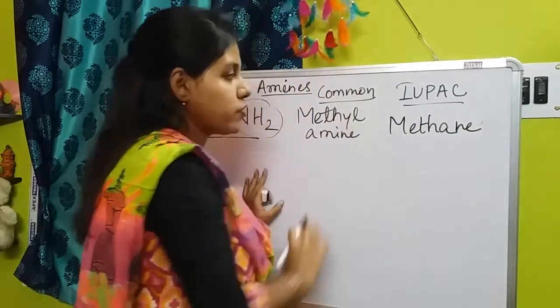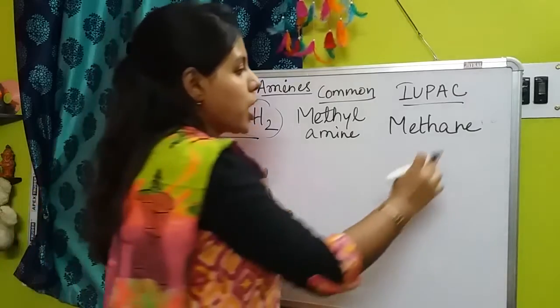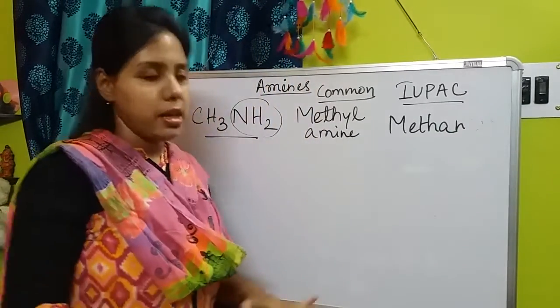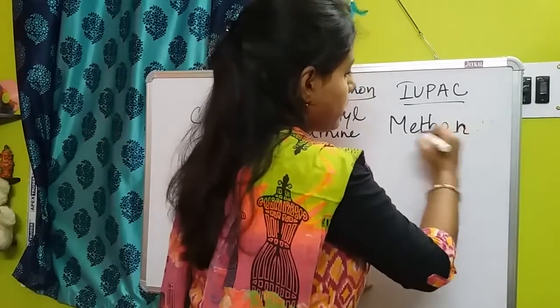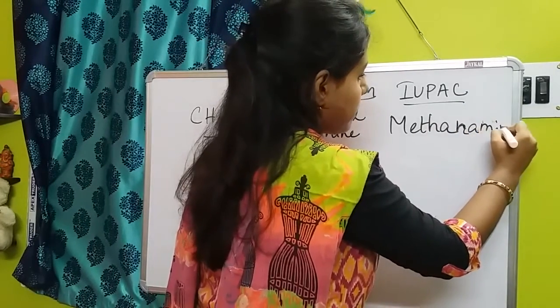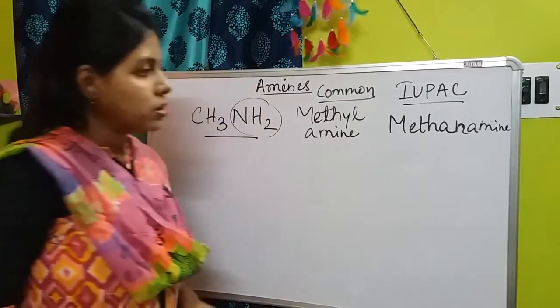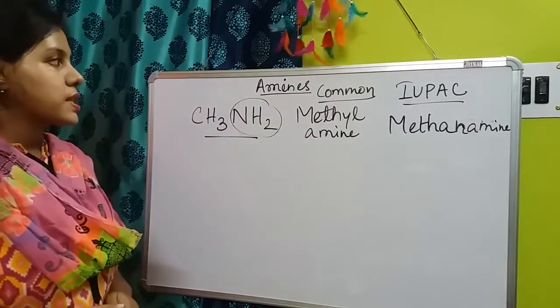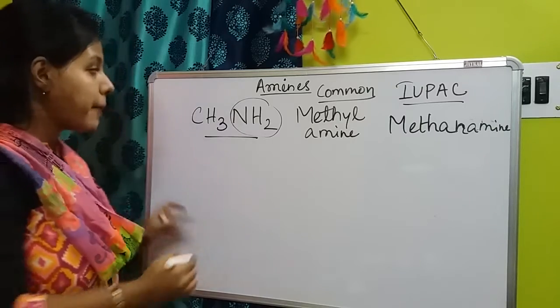Methane was the name of the starting compound. So methane plus amine will be methanamine. This is the example of aliphatic compound.